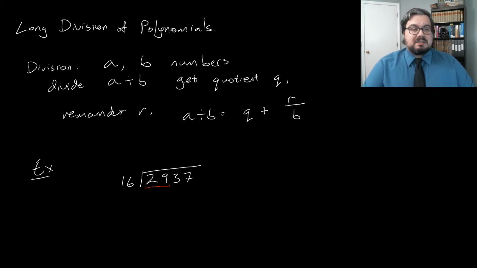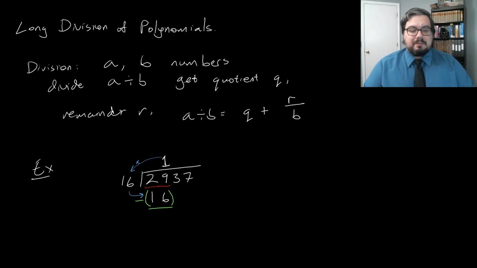We ask how many times does 16 go into 29? It goes in once. And so here we say that by putting a 1 in this position over the 29, we say that 16 goes once into 29. So then we multiply and bring that down to this position here. Then, vitally, we subtract.